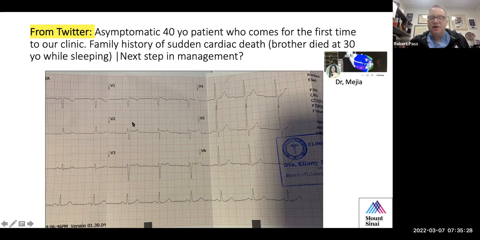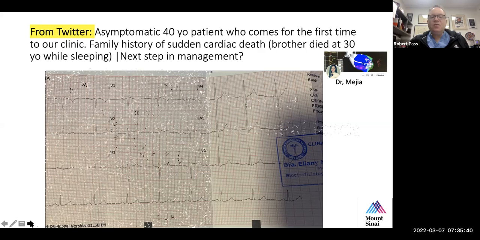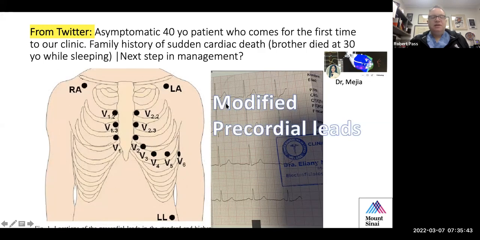It would not qualify as such because the ST elevation is not adequate. But if you imagine that this was a little bit higher in the ST, you could do a procainamide challenge. One of the things that people talked about online as an answer was placing modified precordial leads. If you put higher V1 and V2 leads, you can sometimes identify the Brugada pattern that you would not normally see with the standard V1 and V2 position.